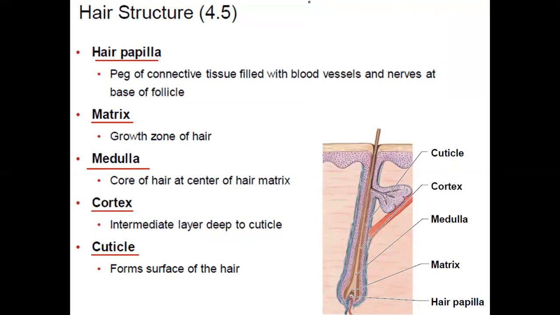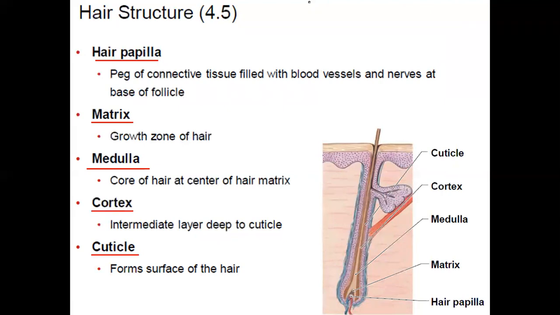The matrix is the area where hair grows. So you can see the matrix right here. Anytime you have a medulla of a structure in your body, it's the innermost area of that structure. So the medulla is the core, basically the center of the hair matrix. And the cortex is the layer that is just deep to the cuticle.